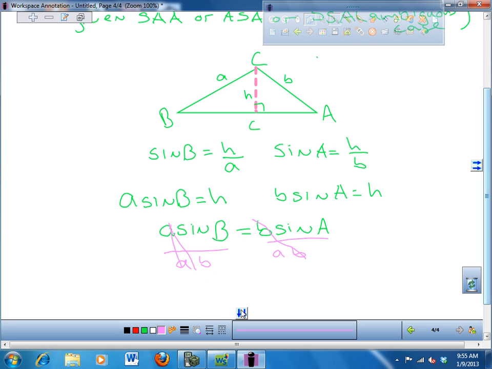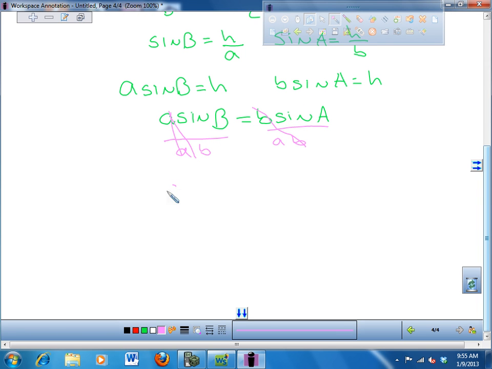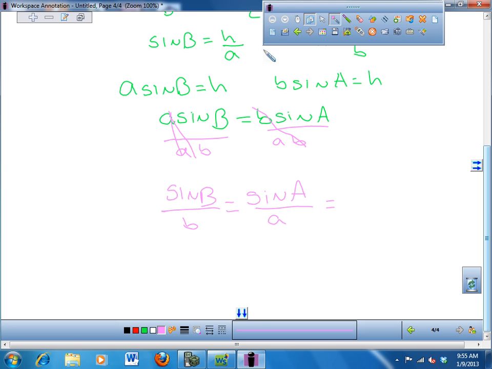And I get basically the law of sines, which says that sine of B over B is equal to sine of A over A. And if I extended that and turned my triangle sideways and did another height, I could show that that's also equal to sine of C over C. Okay? And that's basically where the law of sines comes from.